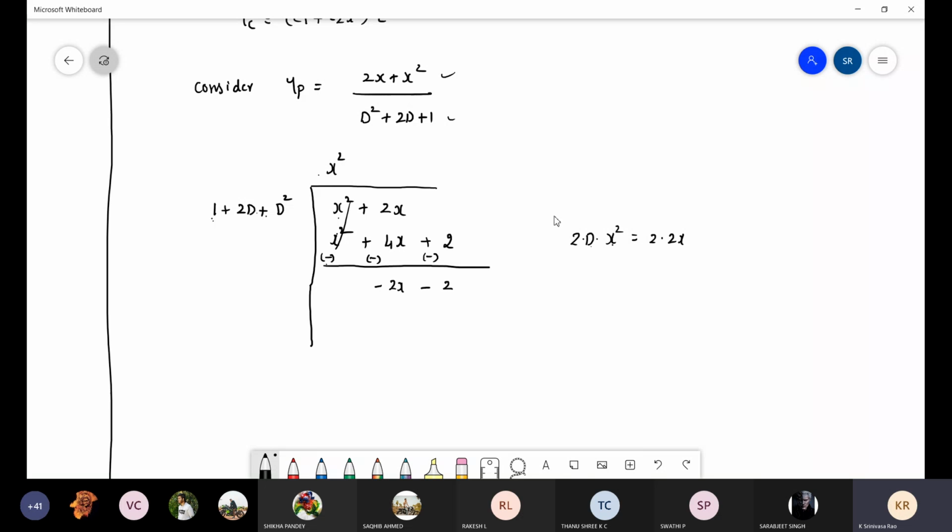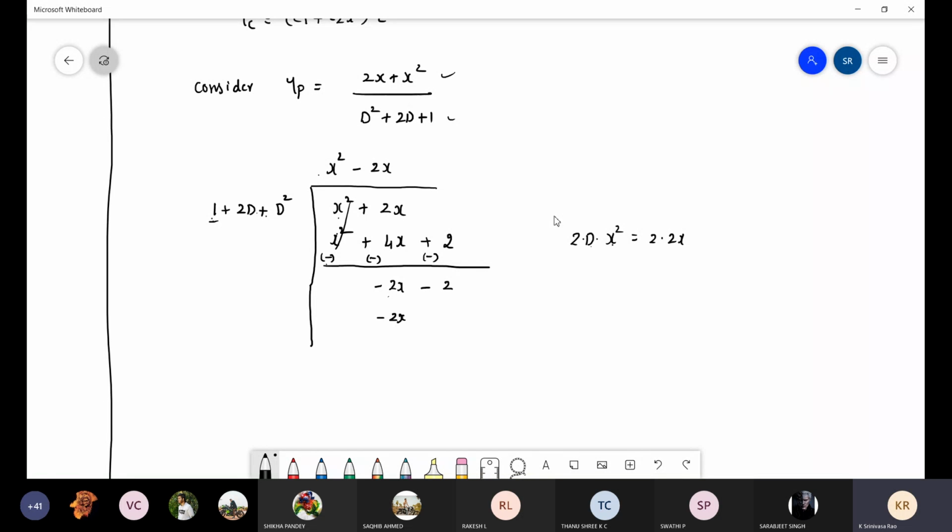Similarly, continue until you get 0. The last term should get 0; go on dividing the equation until then. Now first term by first term: the first term inside is minus 2x divided by 1. The answer you get, you write here: minus 2x. Now multiply. 1 into minus 2x is minus 2x.